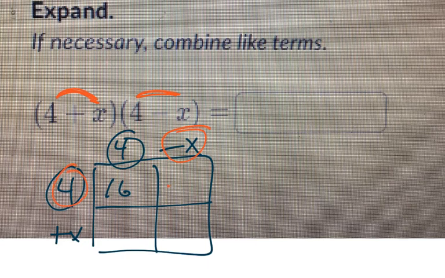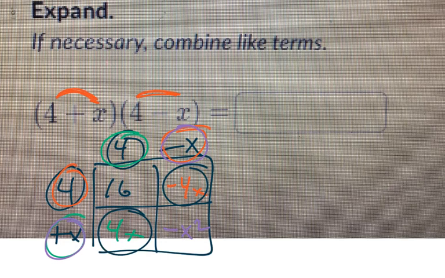Minus x times 4 is minus 4x. 4 times x is 4x. And finally, minus x times x is minus x squared. Hopefully you can see that. But notice how the 4x and the minus 4x cancel each other out. So all I'm left with, guys, is the 16 right here minus the x squared there.